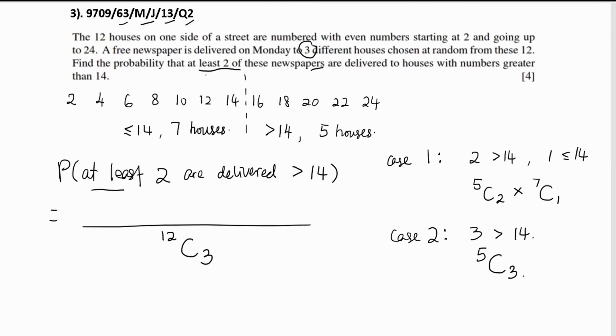That will be the number of ways that we want for the numerator: 5C2 multiplied by 7C1 for case 1, plus 5C3 for case 2.